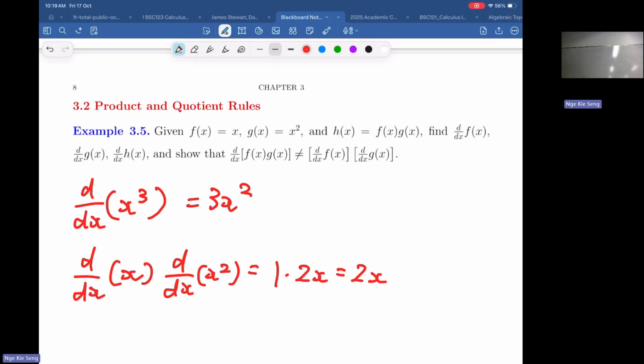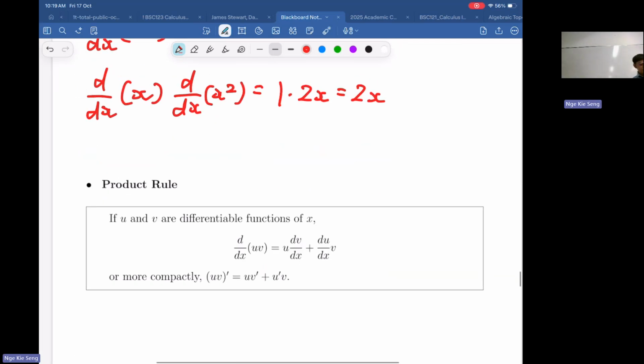So there's something missing here, and we need to put those missing parts into it. This is how we put it: d over dx of uv is u times dv over dx plus du over dx times v. This is how we add in the missing part.